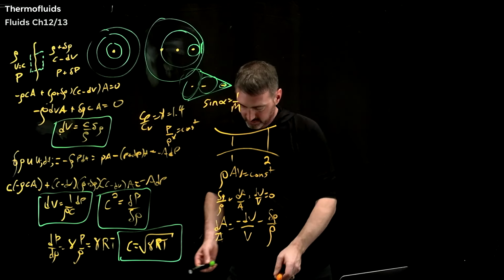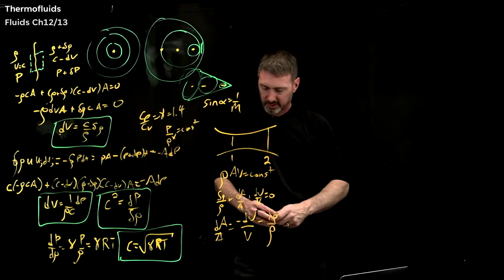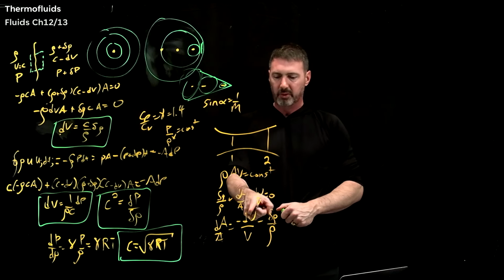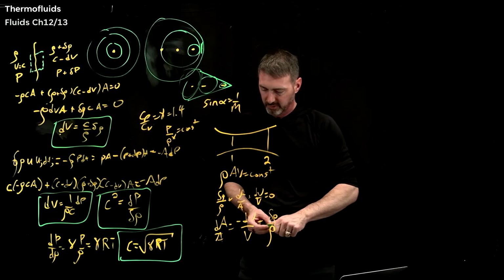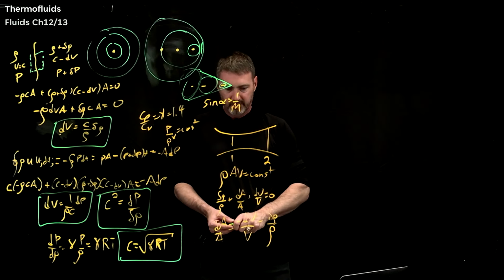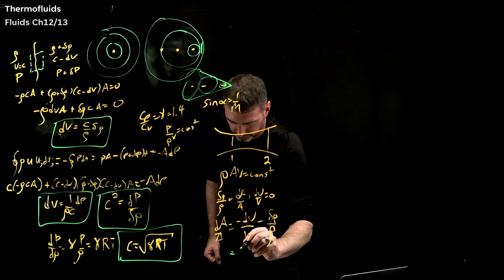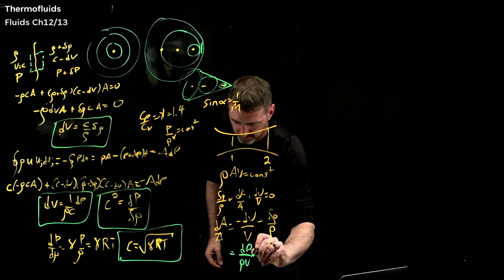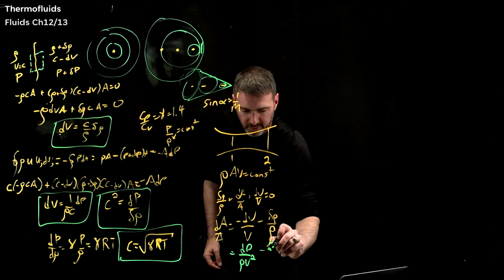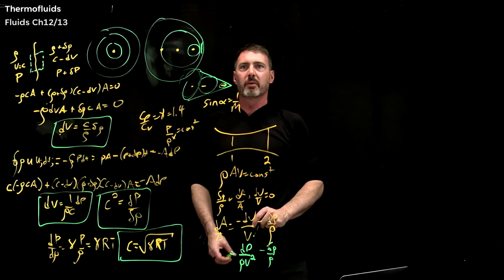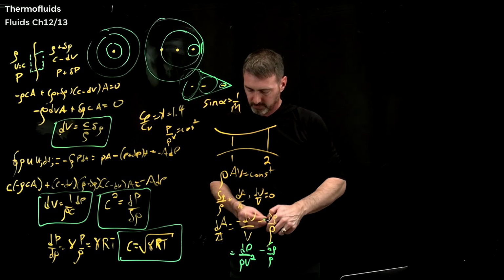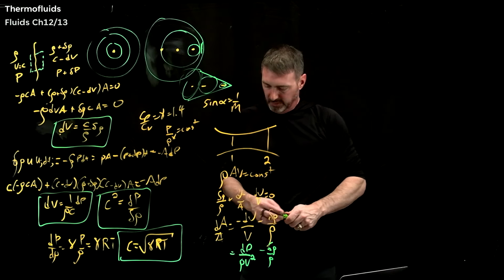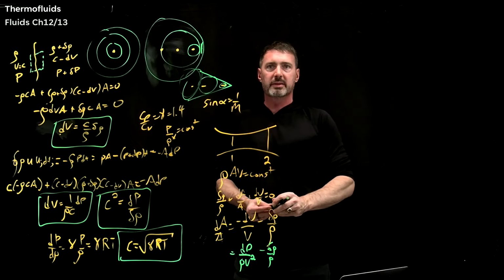Now let's come back to more of a Bernoulli. If you plug in for Bernoulli, you're going to see that this is equal to dP over rho v squared minus d rho over rho. I'm switching because my orange is running low. Now I'm going to hold this outside of the box, and switch back up to here.